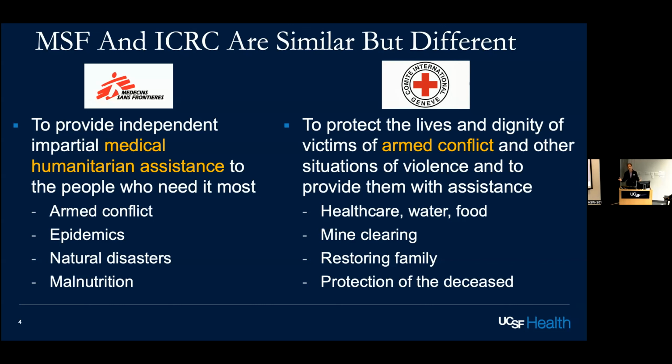And MSF grew out of that because, and I'll talk about it in the next slide, they provide independent, impartial medical and humanitarian assistance. So they are 100% medical. And so they go into armed conflict areas, but they also deal with epidemics and natural disasters and malnutrition and everything else. So a little bit, they're similar, but they're somewhat different.